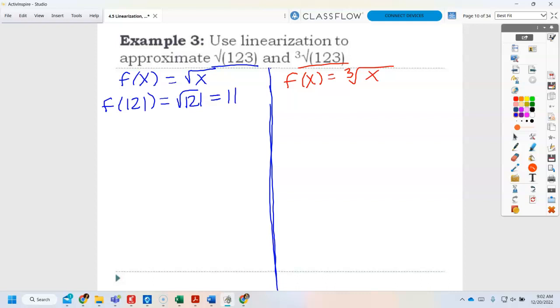My f of a is 11. So then I also need f prime of a. At this point, the derivative of the square root of x, hopefully we've started to memorize, is 1 over 2 square root of x. So f prime of 121 is 1 over 2 square root of 121, which is 1 over 2 times 11, which is 1 over 22.